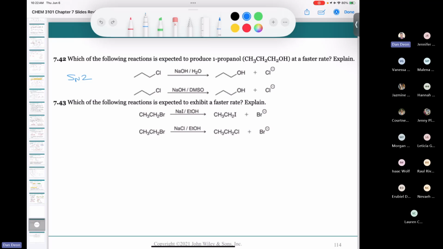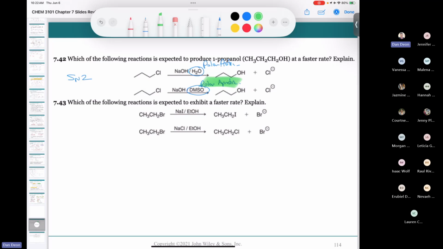The difference is that water is polar protic, and this one here is DMSO, which is polar aprotic. Does anybody remember which one is going to give you a faster reaction rate for an SN2? Would it be the polar protic or the polar aprotic? It's the aprotic, exactly.